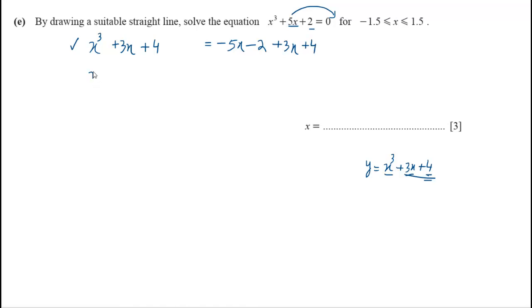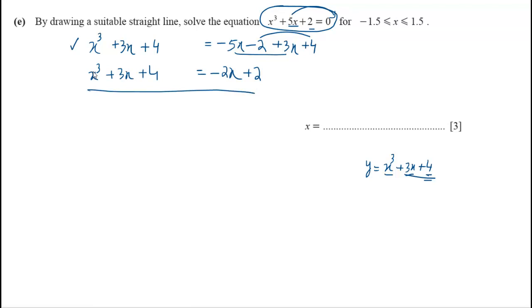So after simplification, it will become this and this the same, minus 2x, and this the same, plus 2. Now we have converted this into this shape. If you rearrange it again, if you bring these two over here and after simplification, you get this again. So it means that after rearrangement, this can be converted into this shape.